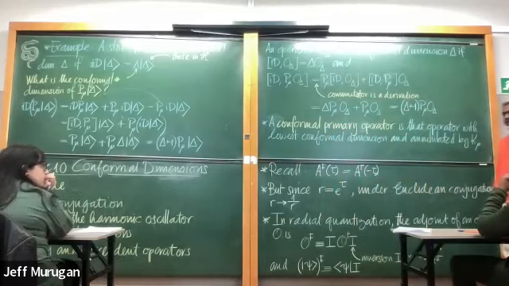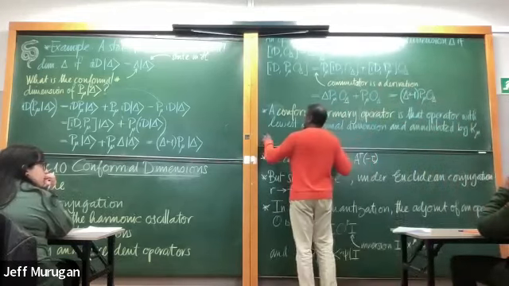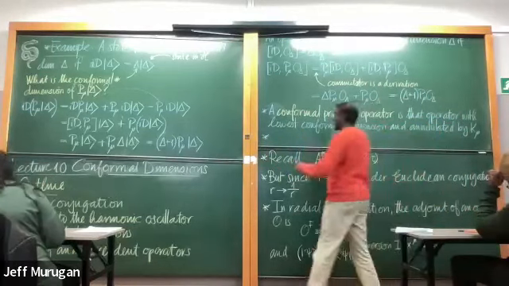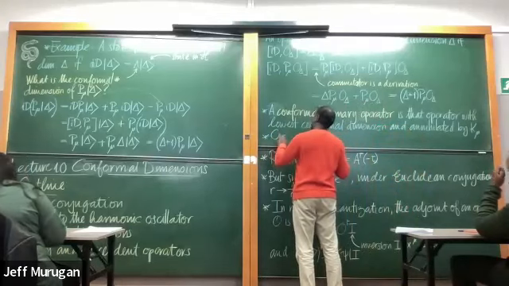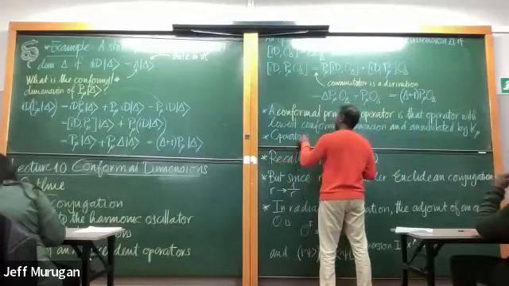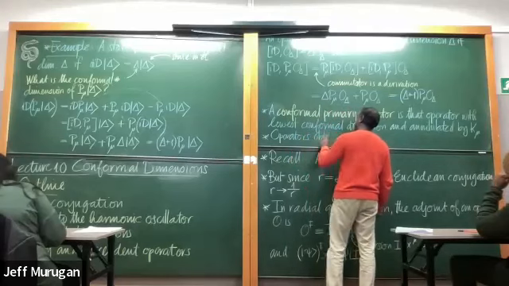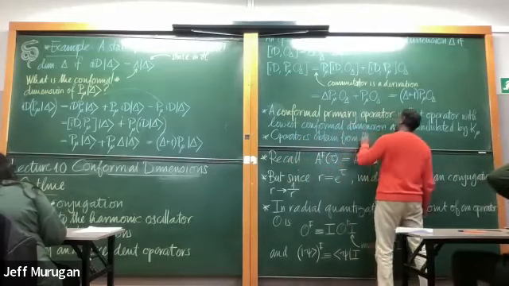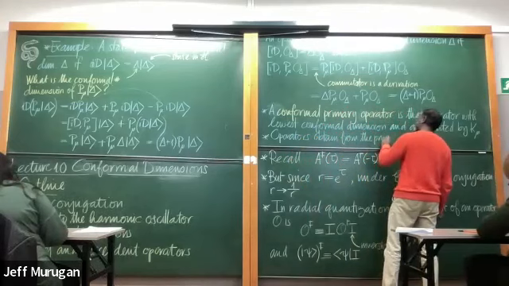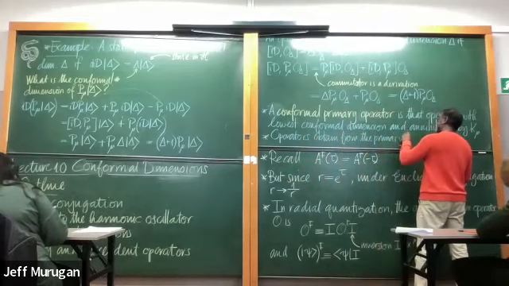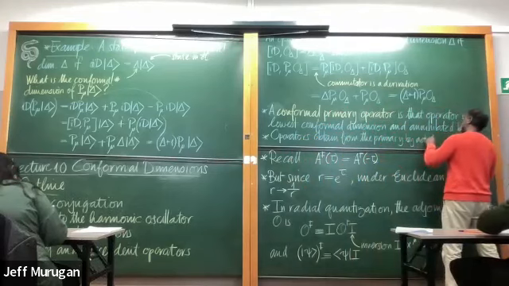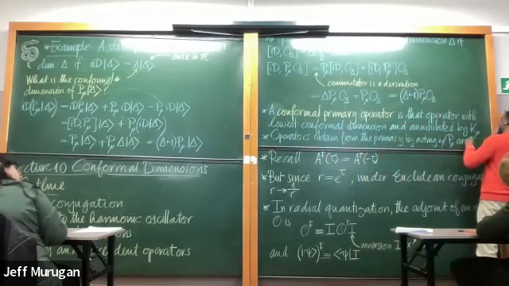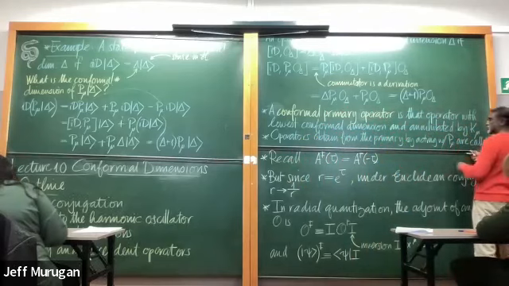You can define any conformal field theory. Operators obtained from the primary by acting with P mu are called descendants.